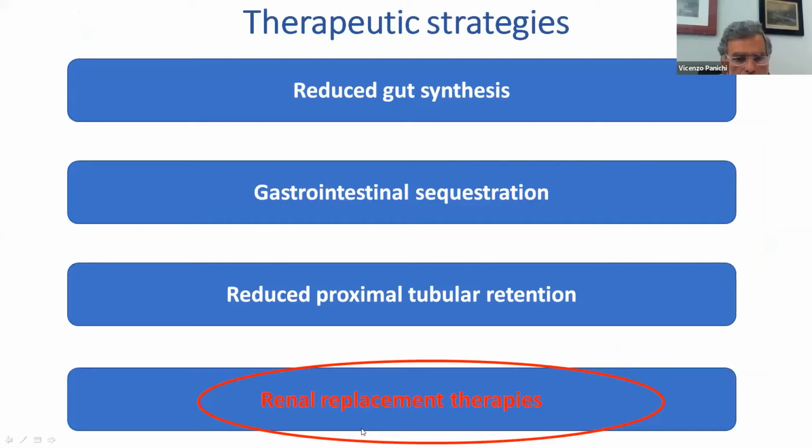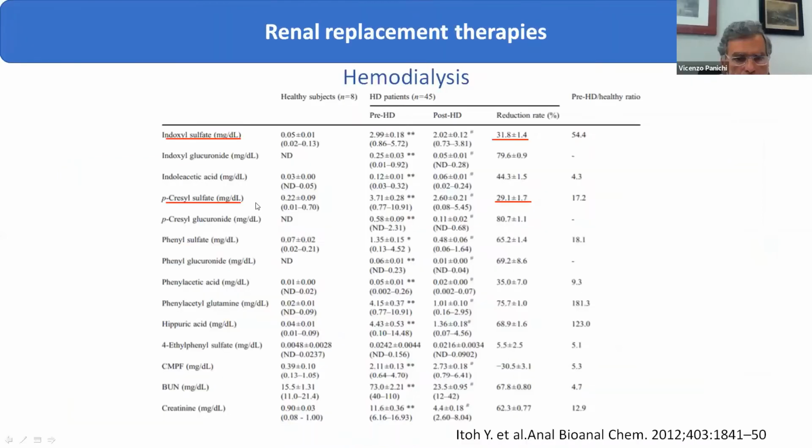Of course, standard hemodialysis is not good enough because only 30% of these toxins are removed. If you extend dialysis time even to 8 hours, there is an increase in the reduction of this type of molecules.